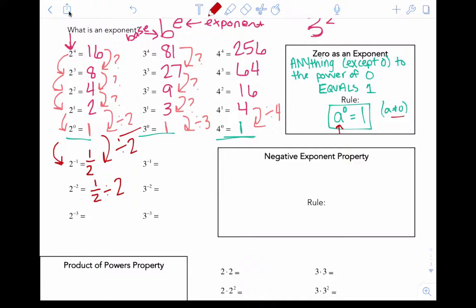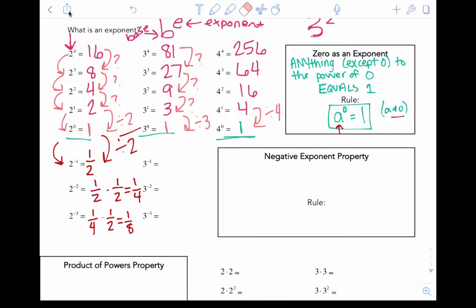Well, if I think about division with fractions, dividing a fraction by a number, I'm going to multiply by the inverse. So I get 1/4. And then for 2 to the negative third, once again, I'm going to divide by 2 or multiply by the inverse to get 1/8.